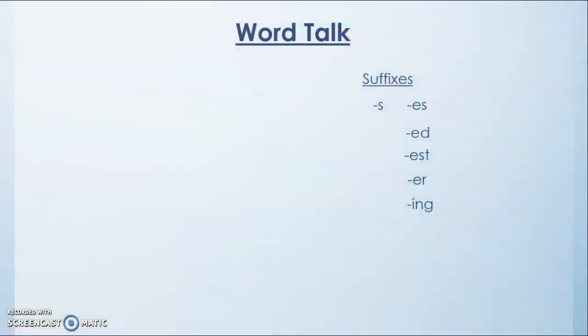Good. Now today we are going to have a quick word talk about suffixes. You see I have listed here all the suffixes we use. My class might remember that the S is one type of suffix, and these 5 are the other type of suffix.